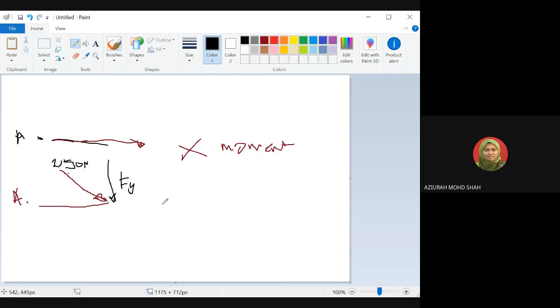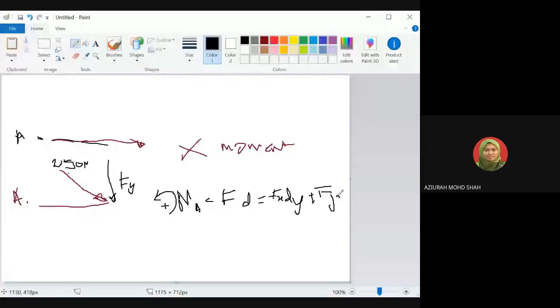So untuk yang cara kedua tadi kita kata counterclockwise is positive, moment A equal to F D equal to Fx dy plus Fy dx.